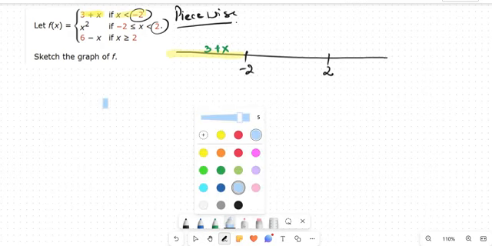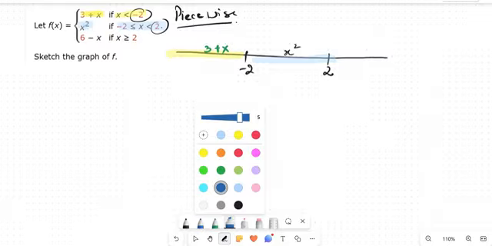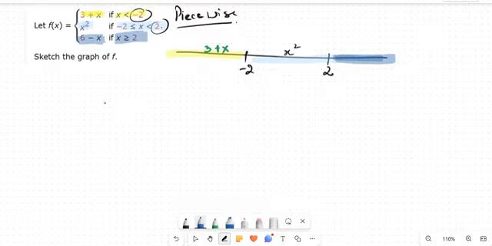And from -2 to 2, the function is defined as x square, and after 2, the function is defined as 6 minus x. So the function is defined differently into three ranges of your number line.